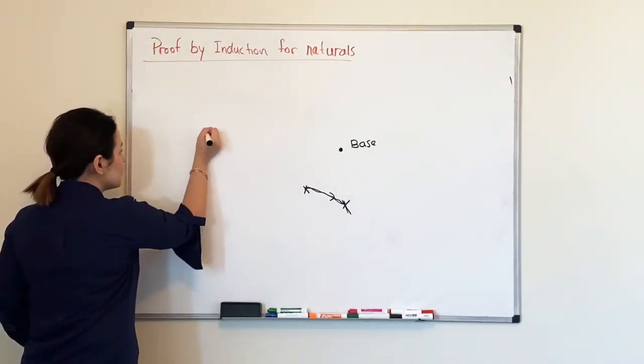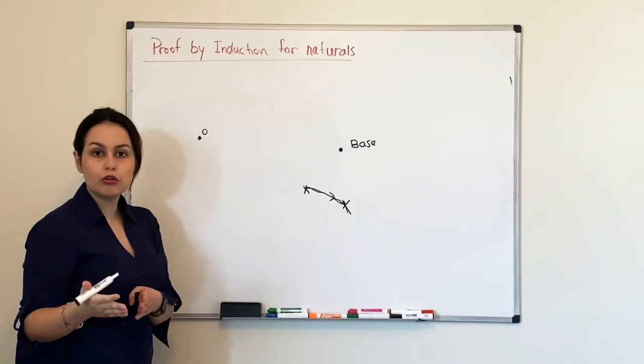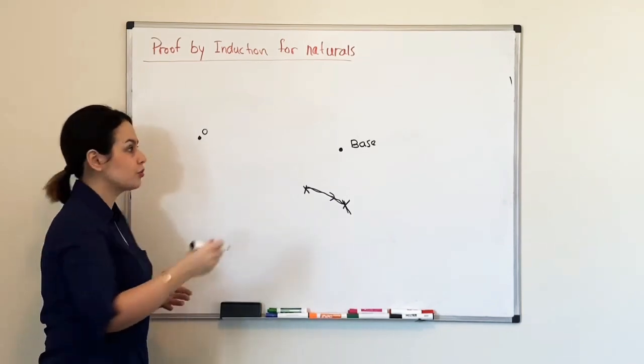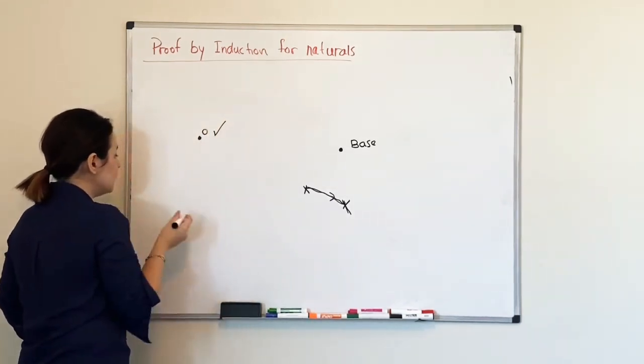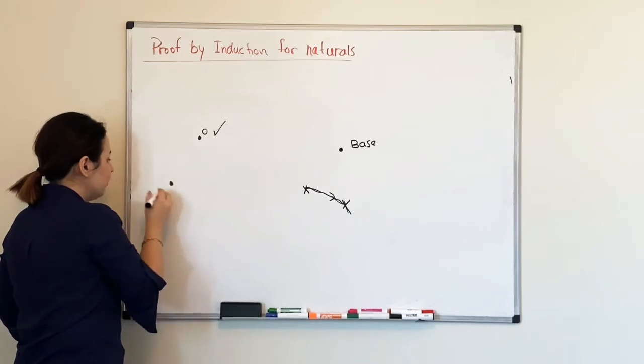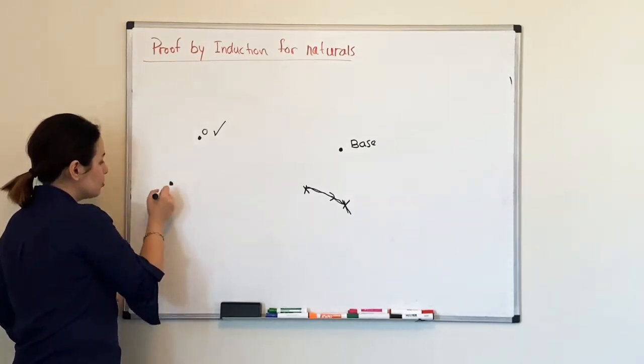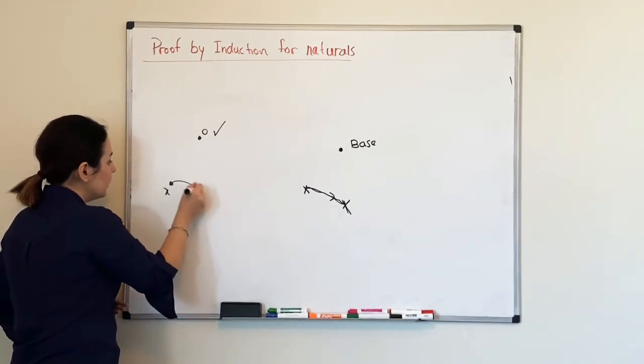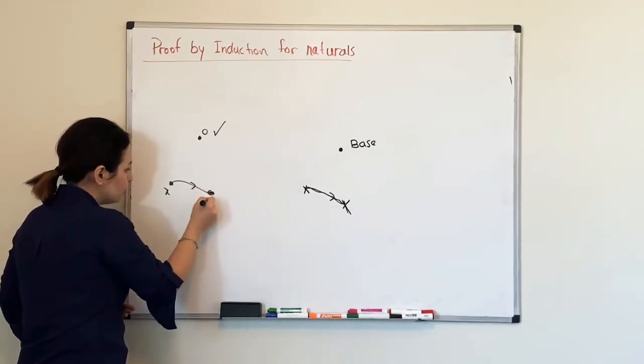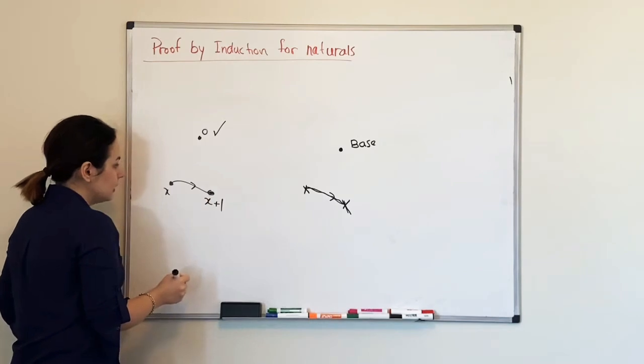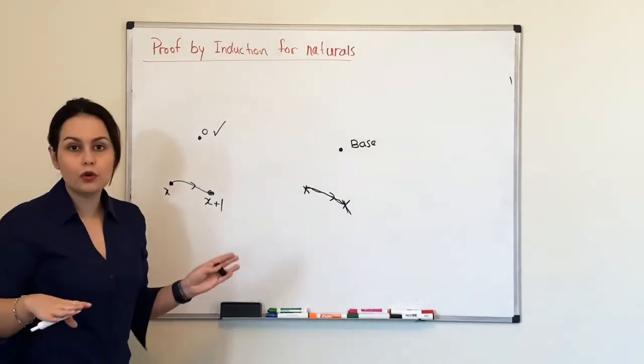I know 0 is in natural, so when I show a statement is true for 0, I'm done with that. And I know if that statement is true for some arbitrary element in my natural numbers, then it must be true for the successor of that. Then I can say it is true for all natural numbers.